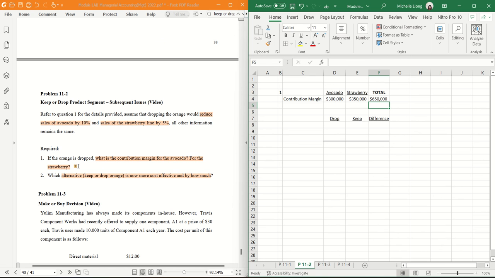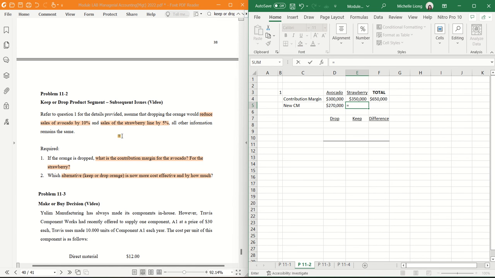And right now, they said that dropping the orange would give the effect of reducing the sales. So the new contribution margin, or new CM, is avocado will reduce by 10%. So we times it by 90%. Okay, because it's 100% and now drop 10%, we get it into 90% only.